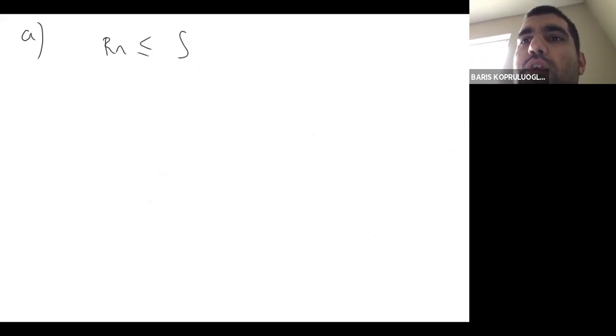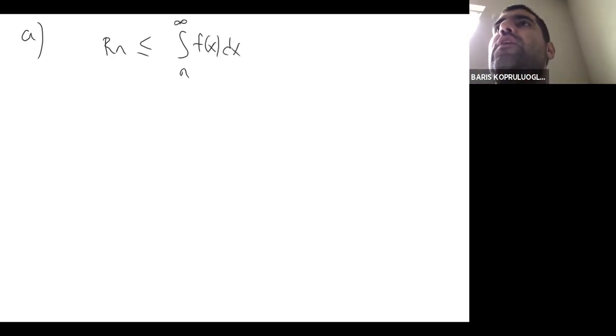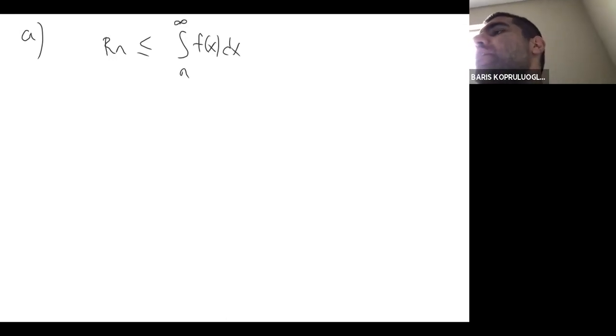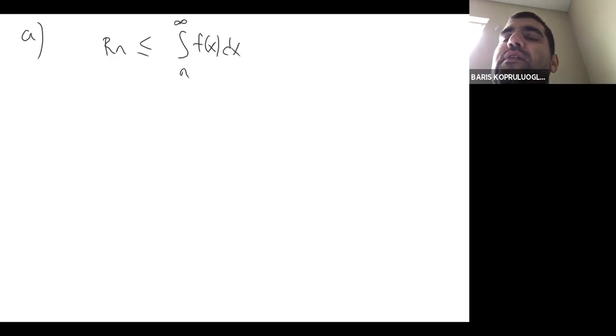We know that the error is always less than or equal to the integral of f from n to infinity. That's what the remainder estimate theorem for the integral test states.